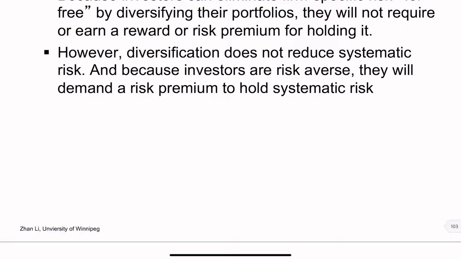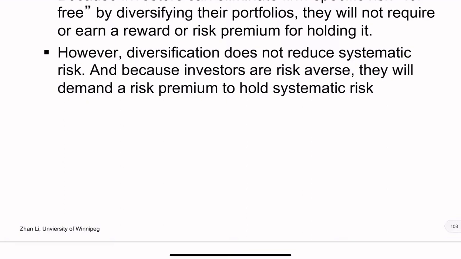But you cannot diversify away systematic risk. And if you're risk averse, meaning that you dislike risk, then you will demand some compensation for bearing systematic risk, right?